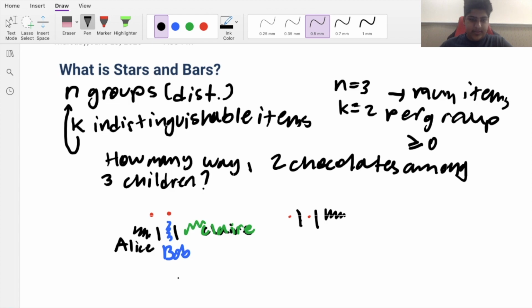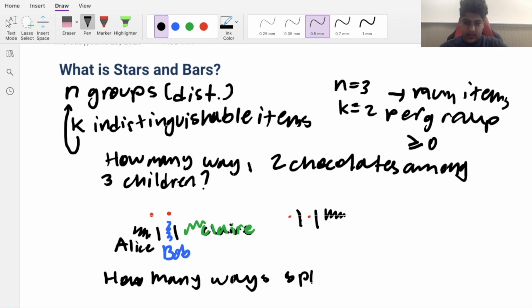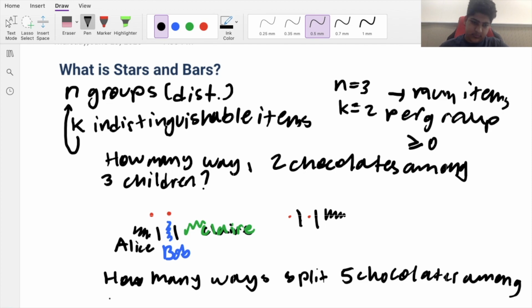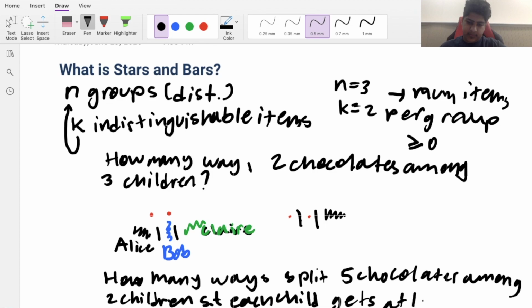So let's say we have: how many ways to split, let's say, 5 chocolates among 2 children such that each child gets at least 1 chocolate.